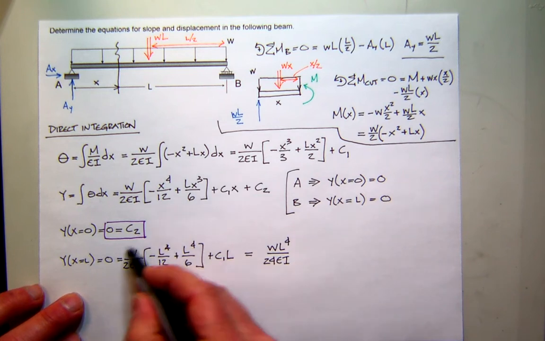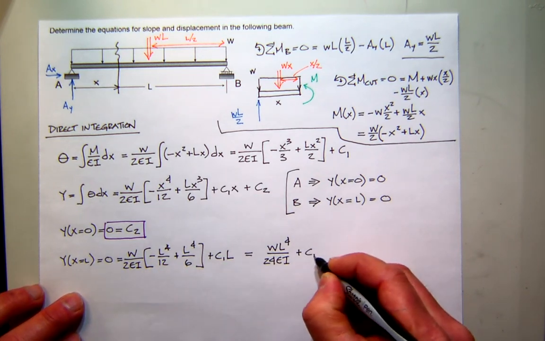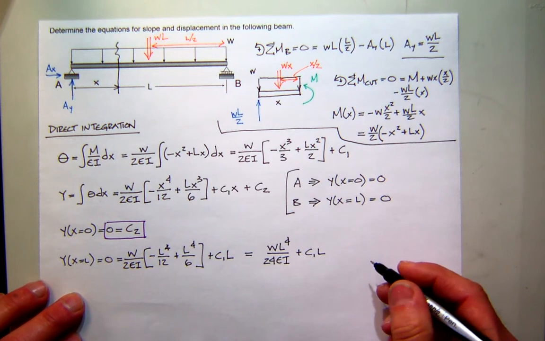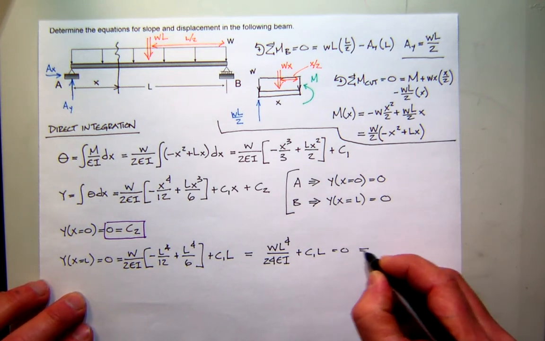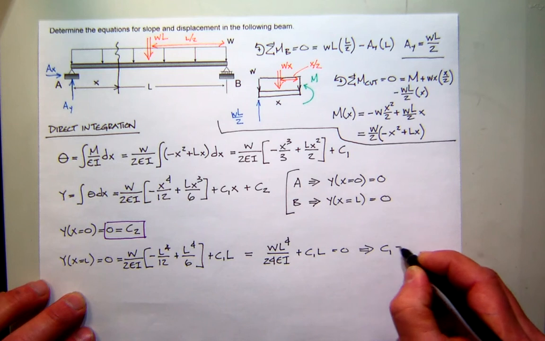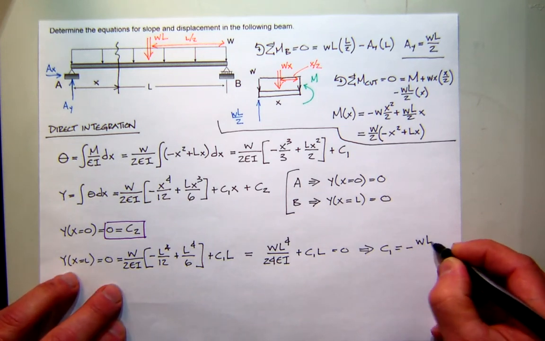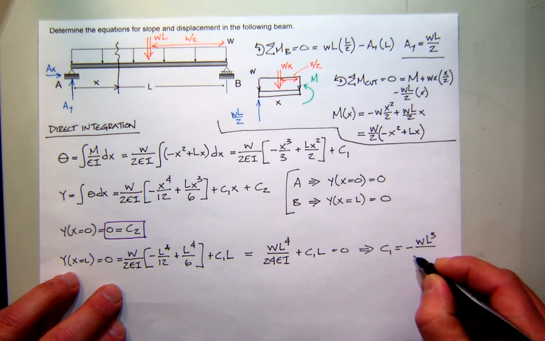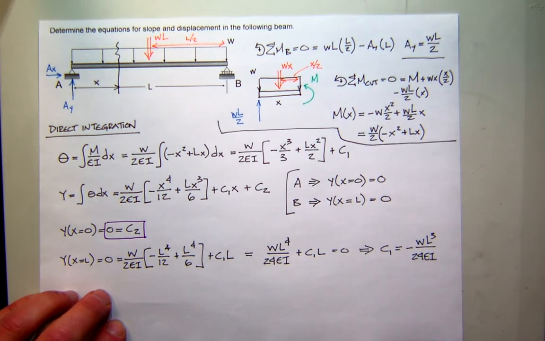And that should be all this put together. And then I have plus C1L. And I know that has to be equal to 0. So that tells me that C1 should be negative WL cubed over 24 EI.